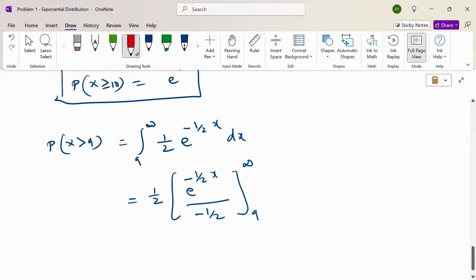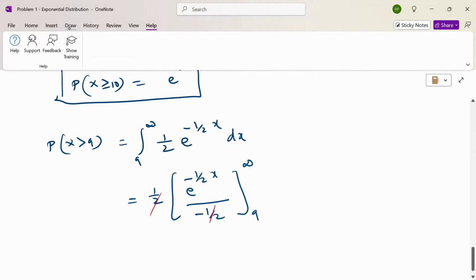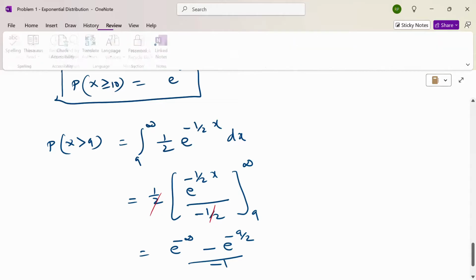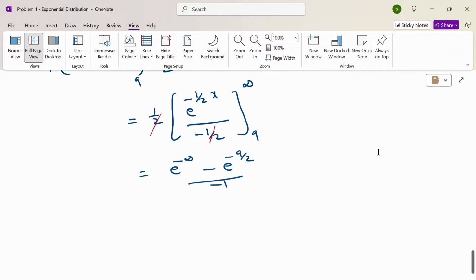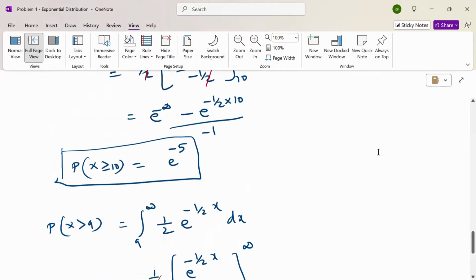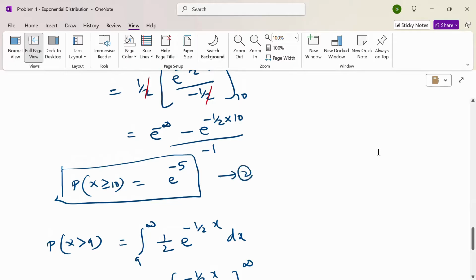Substitute the upper limit and then the lower limit: e power minus infinity minus e power minus 9/2, divided by minus 1. So this is minus minus plus, e power minus 4.5. This is x greater than 9. Now this is the third equation, and this is the second equation.